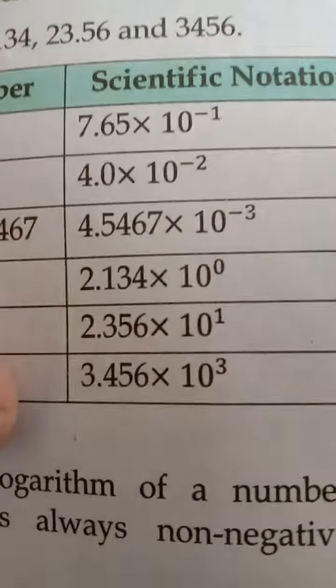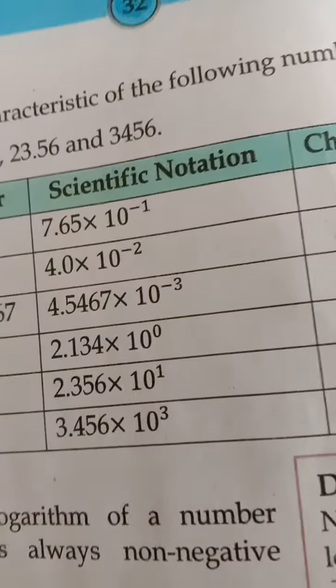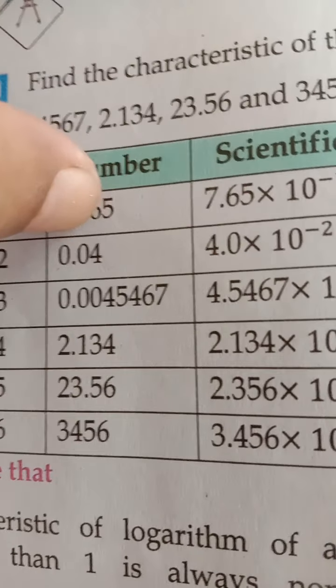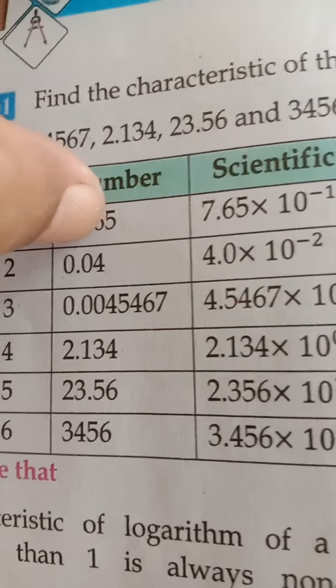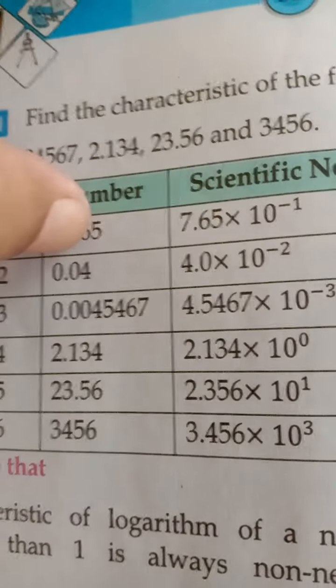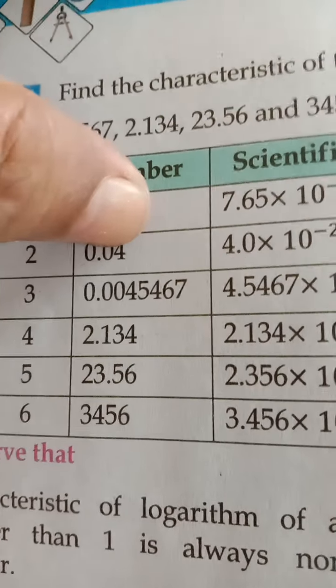Okay, now we have the number 0.04, right? 0.04 is less than 1. How can you write the number greater than 1 but less than 10? So the decimal should be placed here after 4.